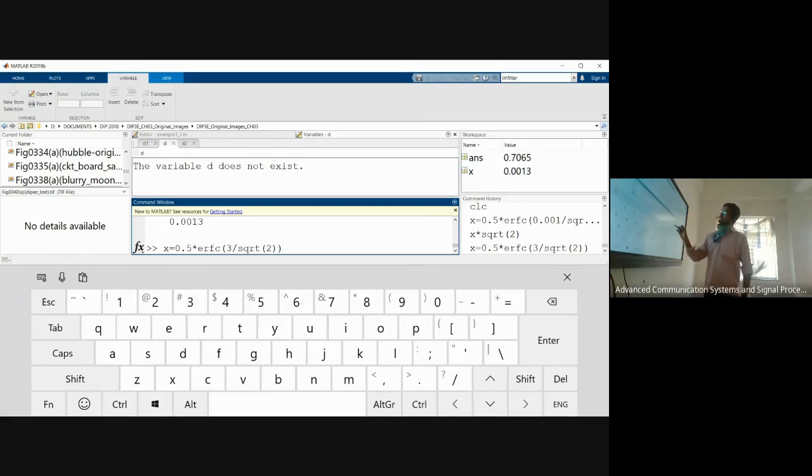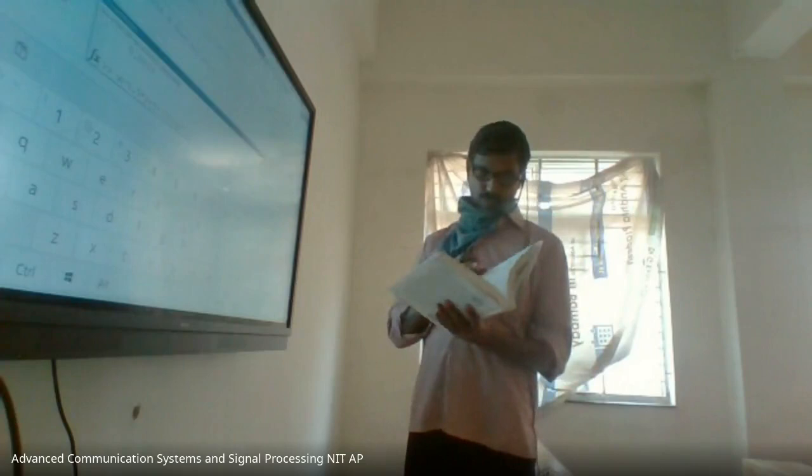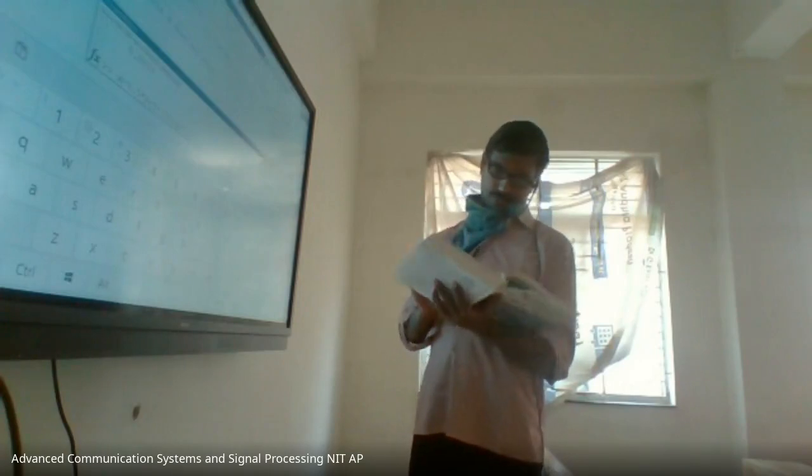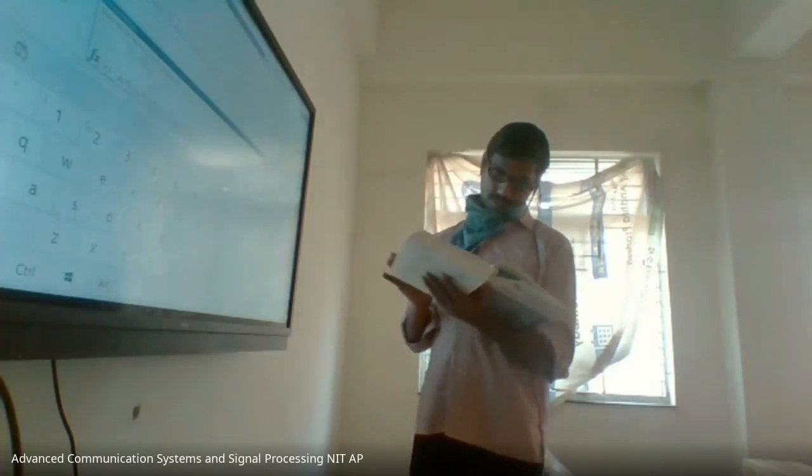When I take the gamma value, whatever x I get over here is the Q function of x. Okay. So the other way, if you would like to do it, you should go for the inverse error function. I'll tell you what that is, and I'll write the command for you.